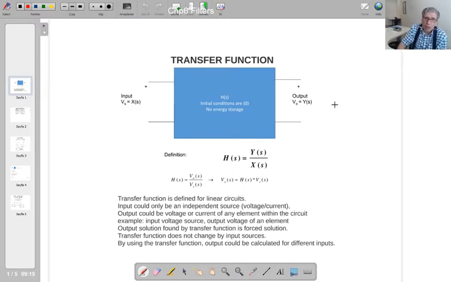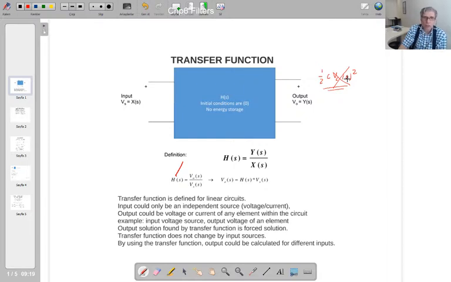We know that if there is an initial condition, let's say for a capacitor, the stored energy for this capacitor will be 1 over 2 C V_C initial condition squared, isn't it? That's the energy stored. So we are saying there are no energies like that in capacitors, and there is no energy stored in the inductors.